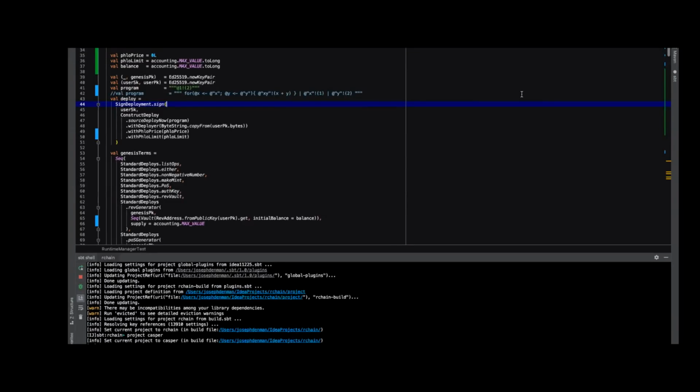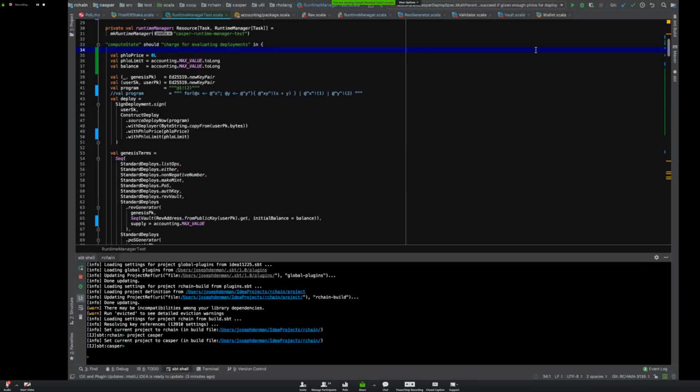And the portion that we are trying to check into the code base now is the portion that charges a proportional amount of gas, or amount of rev, from the deployer's associated vault. So this links Casper wallets and, well, cost accounting.